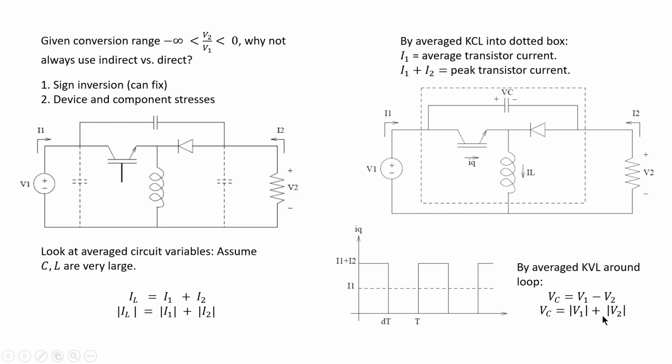Sum of absolute, not absolute of sum, right? So the component stress is, let's say if you want to boost the converter to have a high voltage at V2, then the capacitor needs to sustain an even higher voltage, which is absolute V1 plus absolute V2. So it has a lot of stress. Okay.